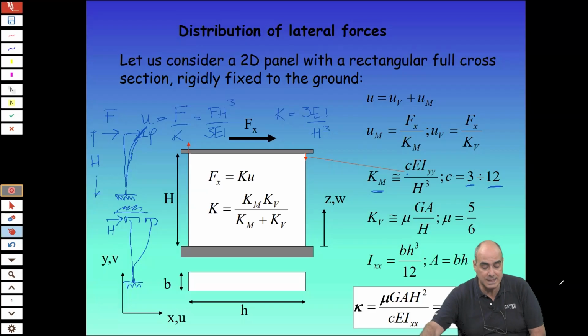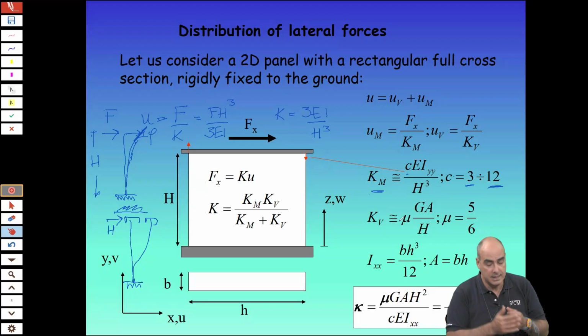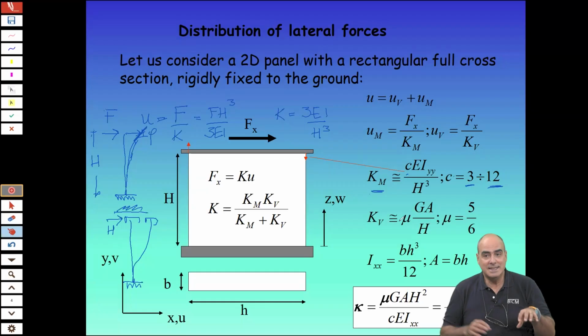So you have to sum up, and we will see what that sum means, to include also the shear stiffness, which is this one here, GA over H, with a shear factor which, for a rectangular cross-section, is 5/6.